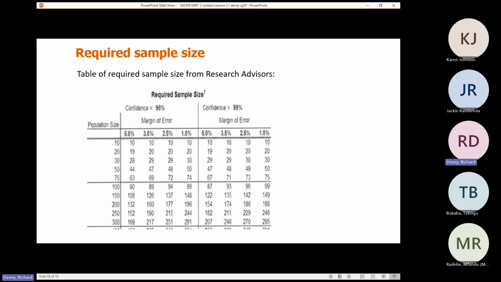Often the researcher might know what the population size is, but there's also going to be instances where it's very unclear what the population size is. And then you might have to do a guesstimate. You might have to make an estimate of the population size, and then justify that, and then do an estimate based on that.